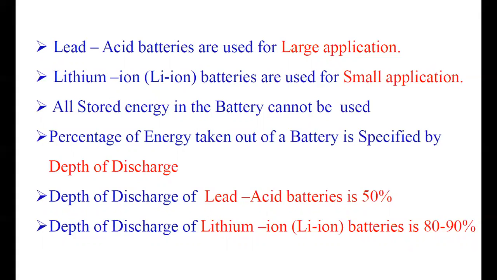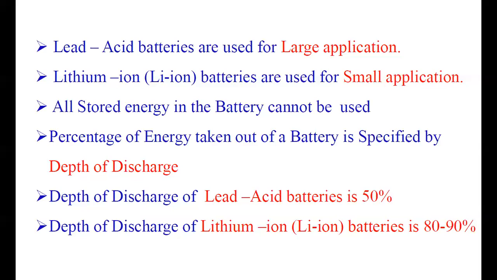All the stored energy in the battery cannot be used. There is one important factor: the total energy stored in the battery cannot be used to produce electrical energy. Only a percentage of energy can be used by the output devices, and that is known as the depth of discharge. How much percent of energy can be taken out of a battery is specified by the depth of discharge.